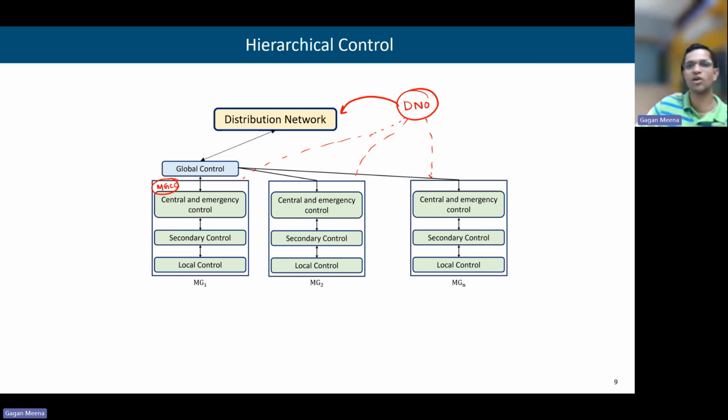So the DNO or the distribution management system has a very key responsibility here, and its responsibility is to manage the medium voltage and the low voltage areas in which more than one microgrid exists.